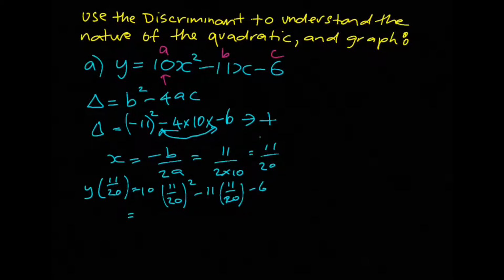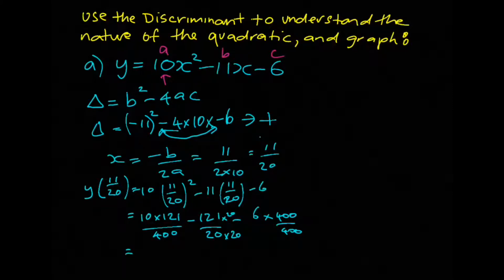And that equals 10 times 121 on 400 minus 121 on 20 minus 6. So let's get the same denominator, so multiply by 20 top and bottom there, and multiply by 400 on 400.